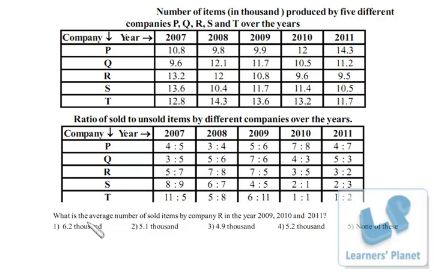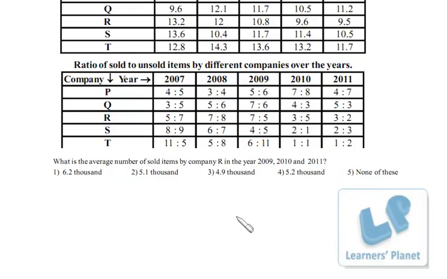The first question: what is the average number of sold items by company R in the years 2009, 10 and 11? In 2009 company R's total production is 10.8, and the ratio of sold to unsold is 7:5. So sold is 7 by 12, right? So we have to find out the average.